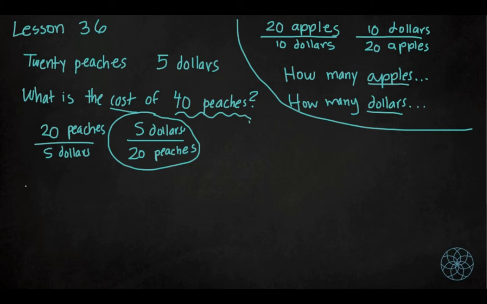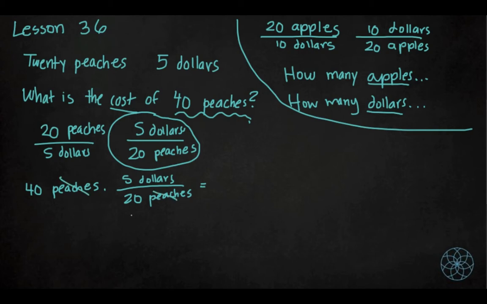Let's go ahead and set up our equation. We know we want 40 peaches, and the question is, what is the cost? So we know our unit multiplier, we're going to use $5 over 20 peaches equals, and this answer should tell us what is the cost. So peaches is going to cancel.